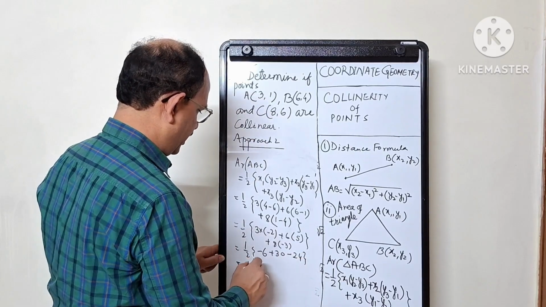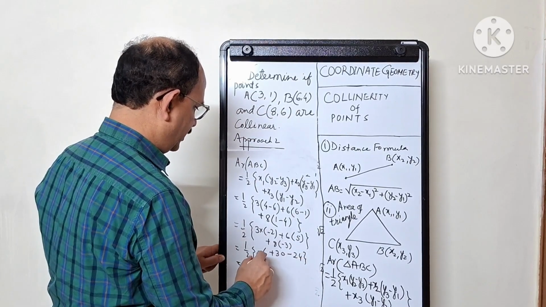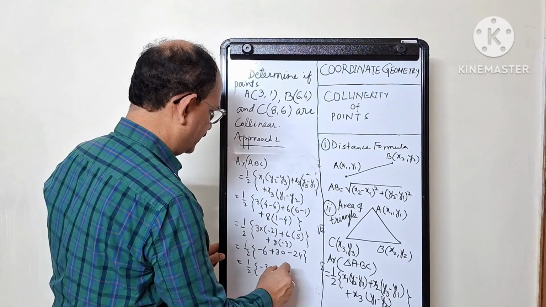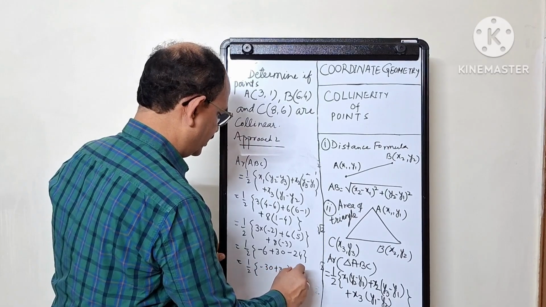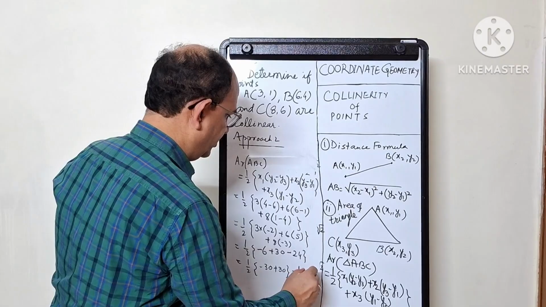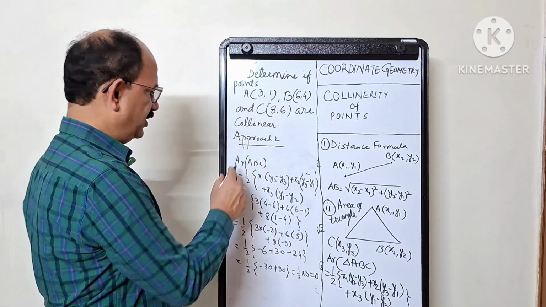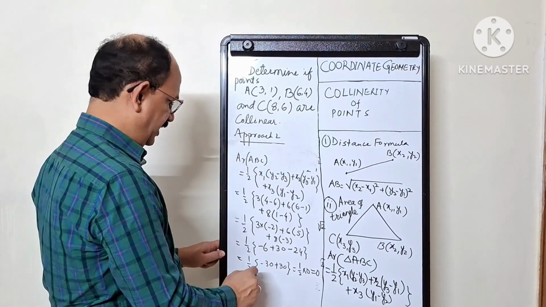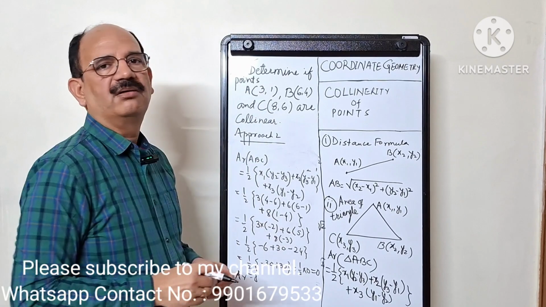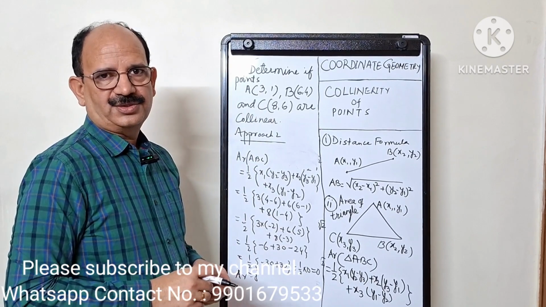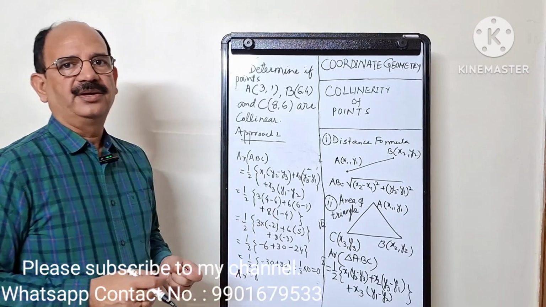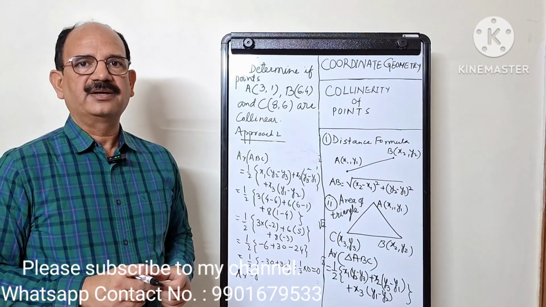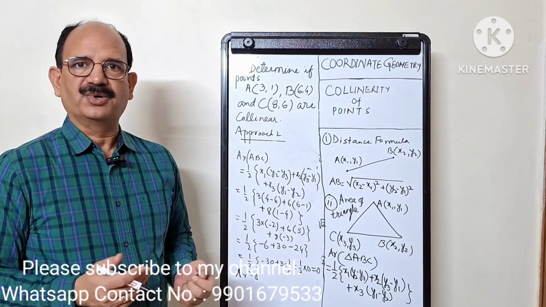So you are getting half into this: minus 6 and minus 24 is minus 30, and this is plus 30. So you can write half multiplied by 0, which is equal to 0. Since the area is equal to 0, it means all these 3 points are collinear. So you can prove collinearity with either of these two approaches. Hope you understand it and you will enjoy solving problems like this.